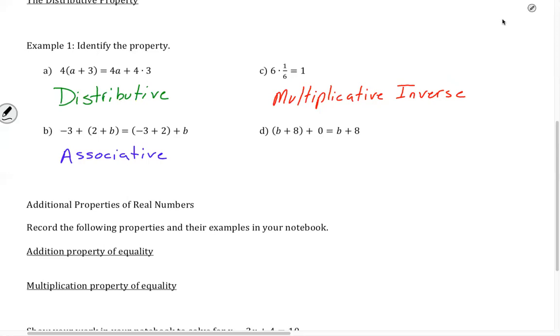Well, notice there's a B on both sides, so it's not really different. Doesn't really stand out. 0. 0 does. Now, which one of our properties talked about 0? Identity. So this would be the additive identity of addition.